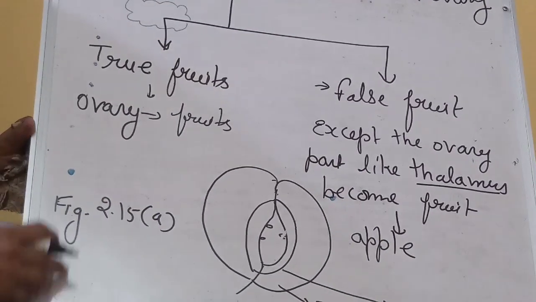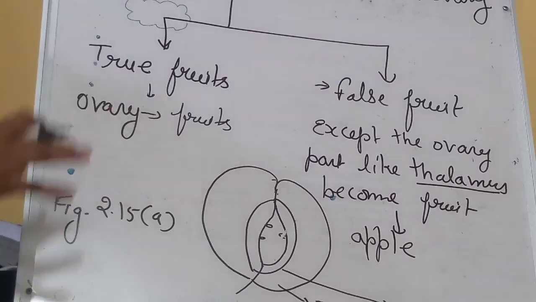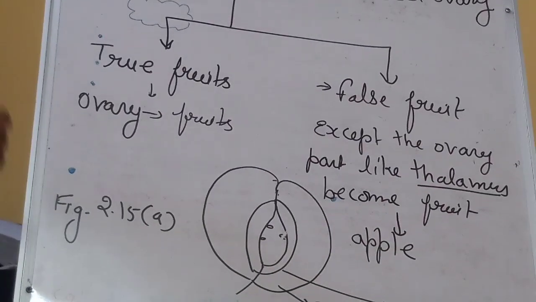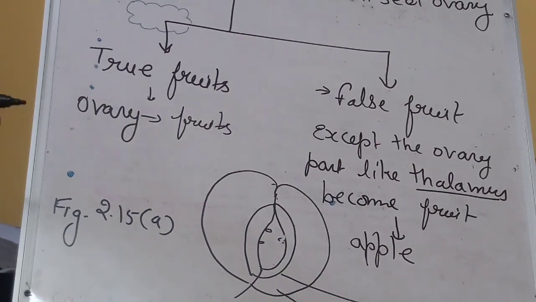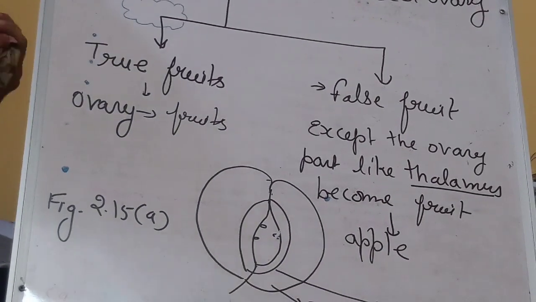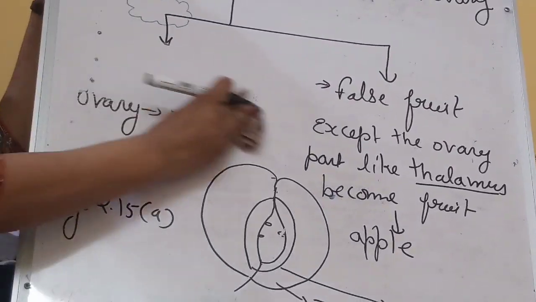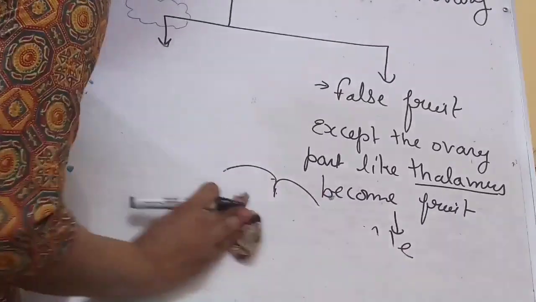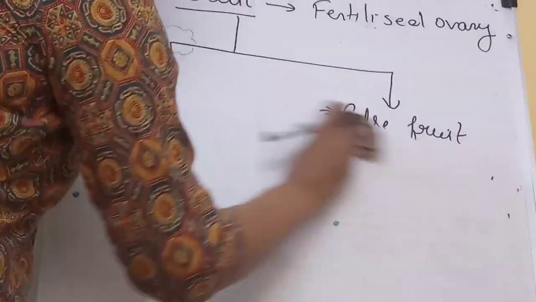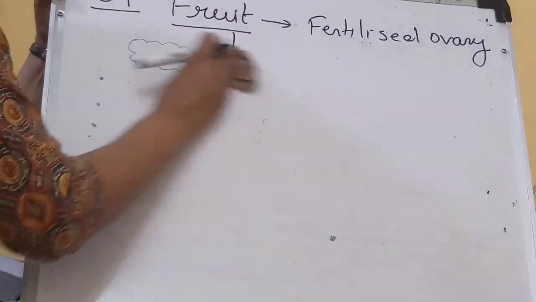There is a diagram, and from the diagram, 2 marks identification questions mostly come in CBSE. So you have to prepare this very clearly. Are you clear about seed and then fruit? This is a post-fertilization event.